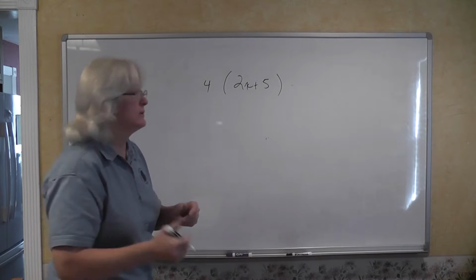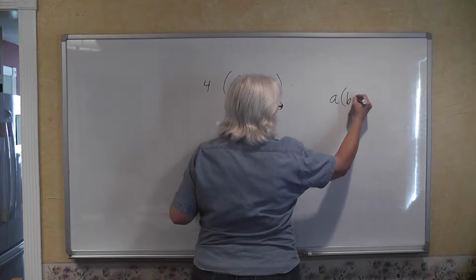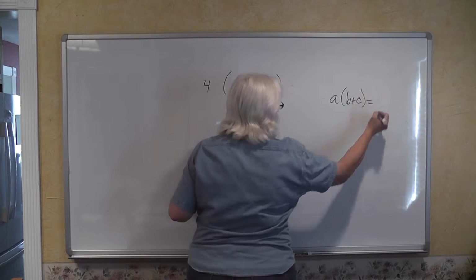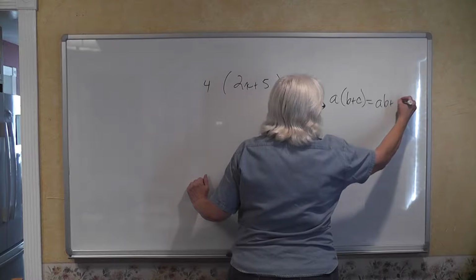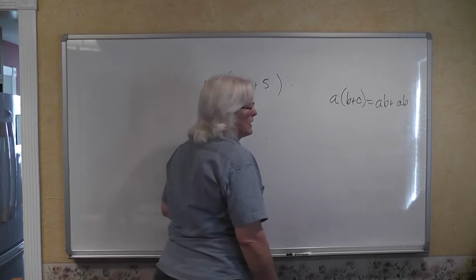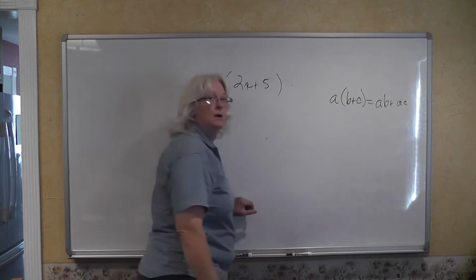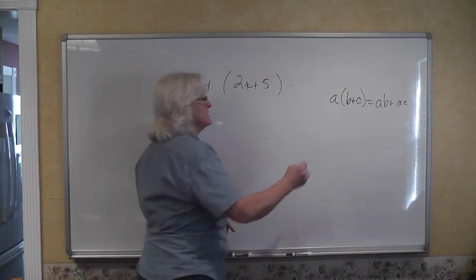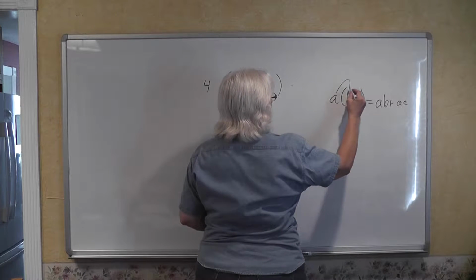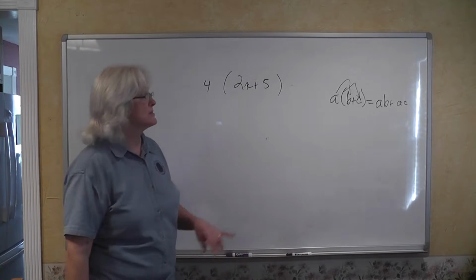And you remember that the distributive property says if you have something that looks like a times the quantity b plus c, that becomes a times b plus, not a times b again, but a times c. What you do is you take the number outside the parentheses and you multiply it with each term inside the parentheses.